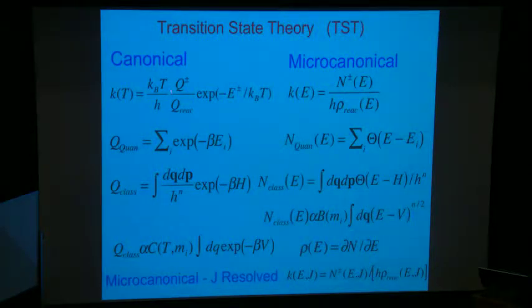It's Boltzmann's constant times the temperature over Planck's constant, times the partition function for the transition state divided by the partition function for the reactant, and then a Boltzmann factor in the energy of the transition state. Usually you think of this as the zero-point corrected energy, and you think about your partition functions as relative to the minimum for each of the different states.